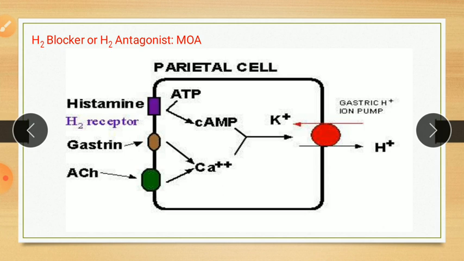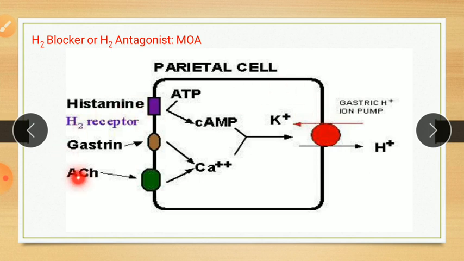Here the acid secretion is controlled. There is the pump, that is the hydrogen potassium pump, and the hydrogen is released as acid through this pump. This secretion of acid is controlled by various receptor mediated processes. For example, if histamine binds to its H2 receptor, there is an increase in the concentration of cyclic AMP by increasing the activity of adenyl cyclase, which causes release of H plus ion and reabsorption of potassium ion.